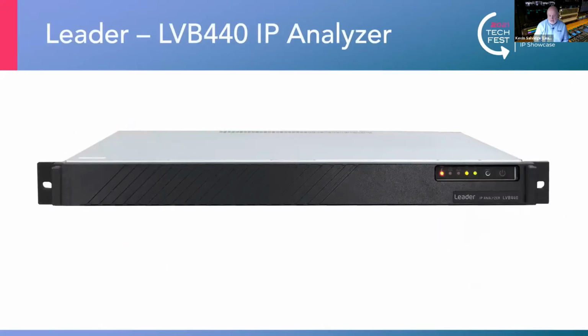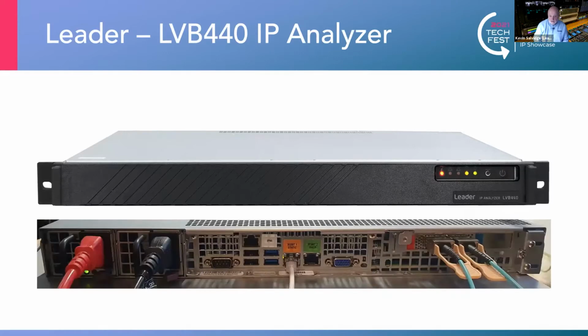At Leader, we've been looking at this and monitoring this for a while, and this has resulted in us launching the LVB440 IP Analyser. And because probably most of us are engineers, that's what the back of it looks like. So as you can see, it is a 1RU COTS-based server with 2 network ports, 200 gig ports, and dual power supply connections.